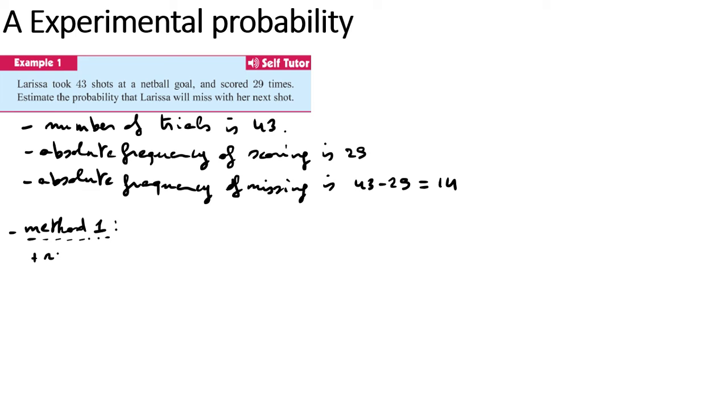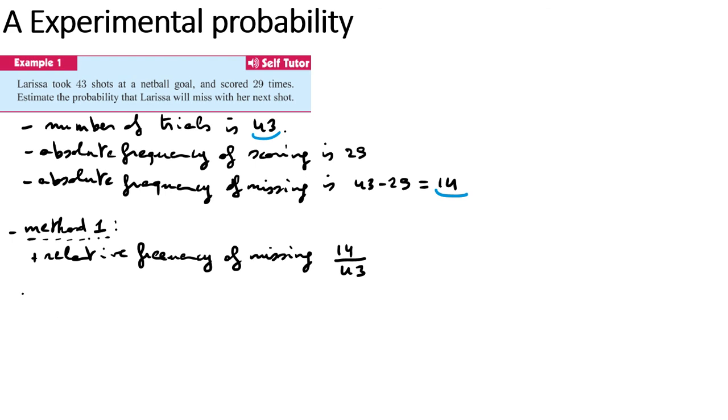The relative frequency of missing is equal to the absolute frequency of missing, which is 14, over the number of trials, 43. So it is 14 over 43, and that is the answer.